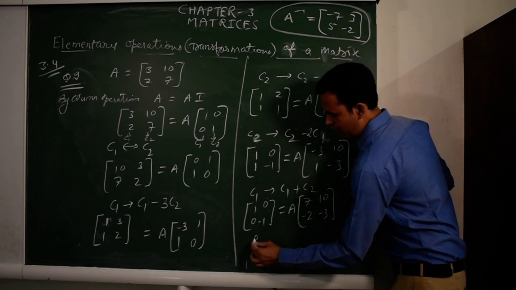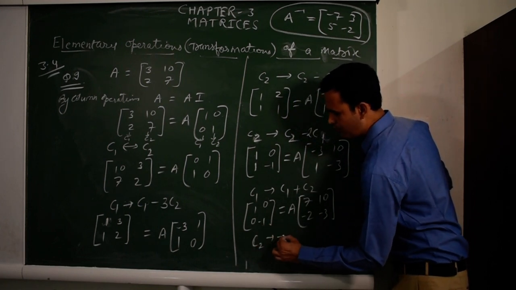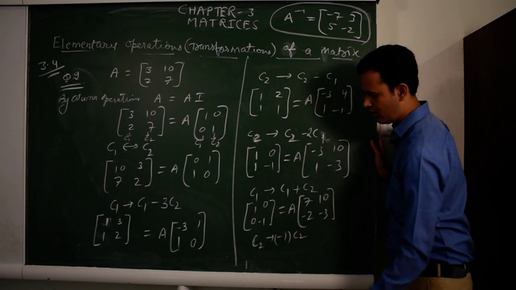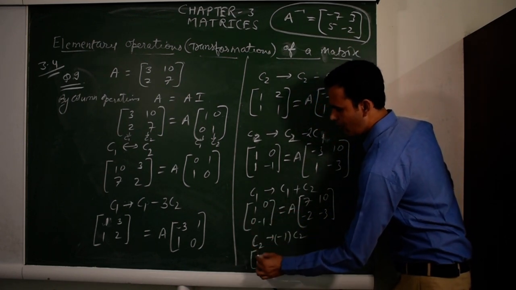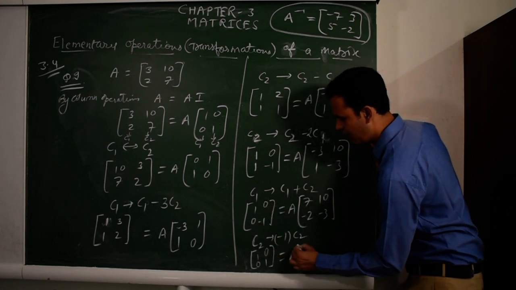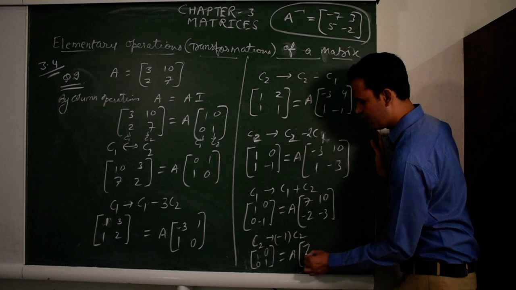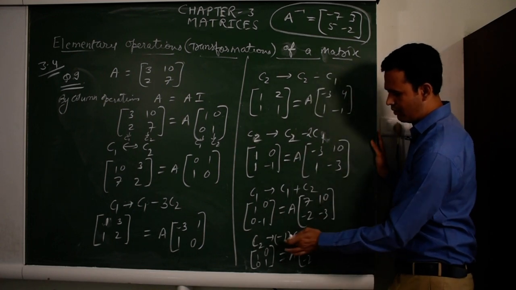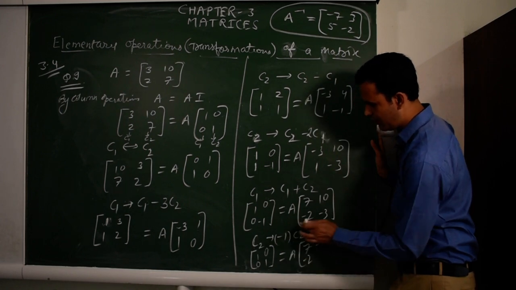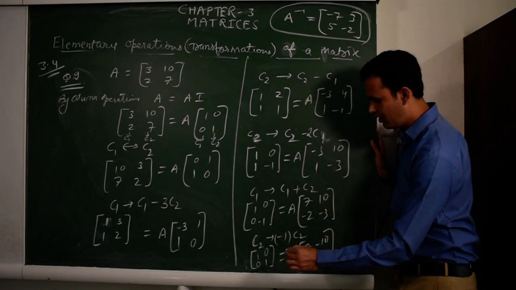Now change in C2: multiply C2 by minus 1. So 1 0 and 0 1. Same operations here: 7, minus 2 and minus 1, multiplying C2 by minus 1, so it becomes minus 10, and minus 1 into minus 3 is 3.